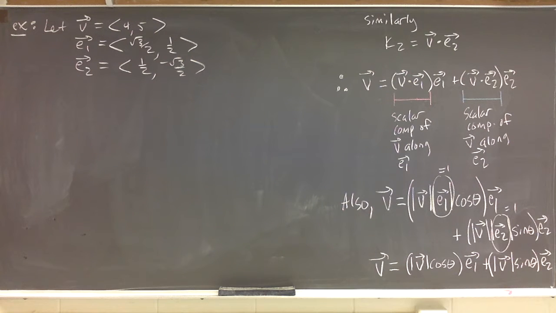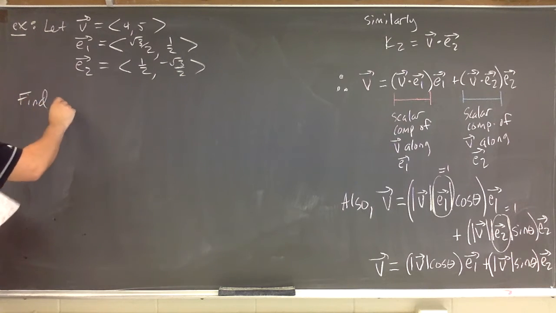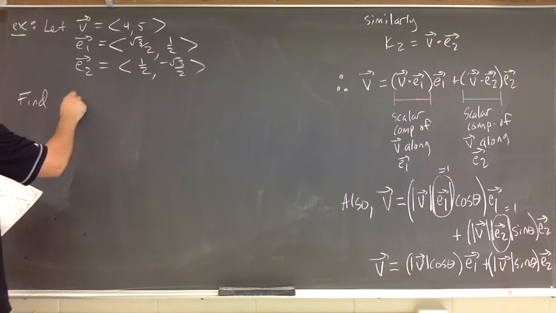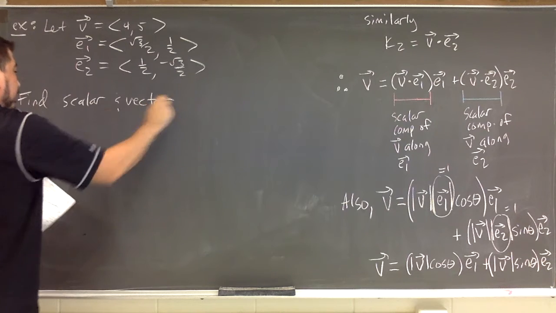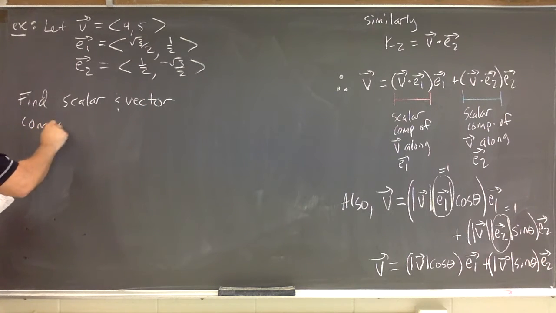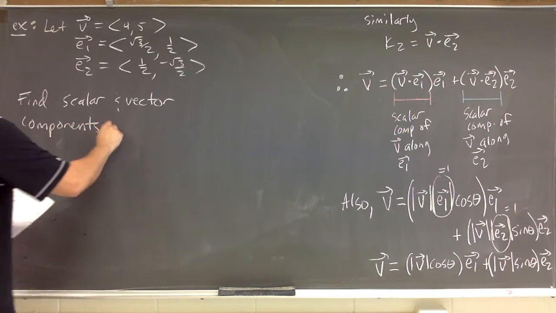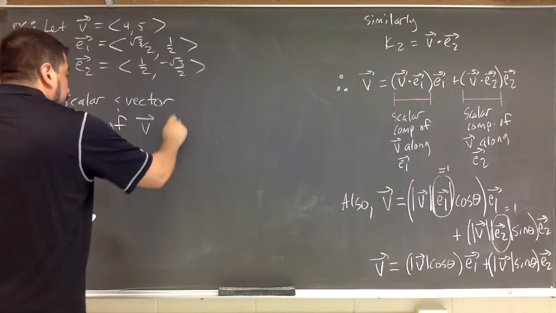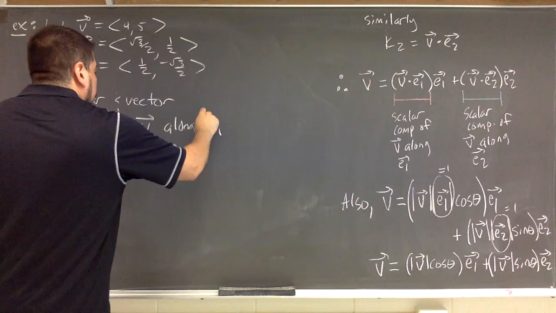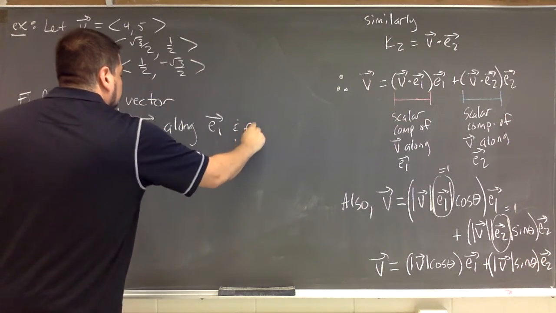All right. And so let's go ahead and find the scalar and vector components of v along these two unit vectors that were given to you.